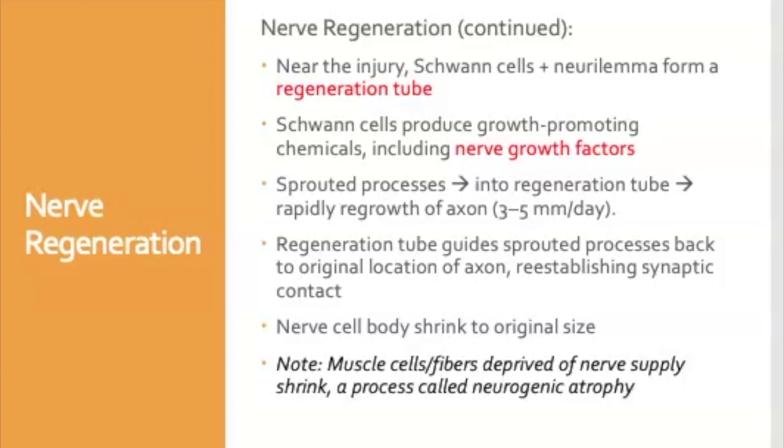Muscle tissue needs tone. It needs constant stimulation to be healthy. And what will happen if the nerve supply is disrupted like this? The muscle will start to shrink. It'll start to what we call atrophy without this normal amount of nerve stimulation, without this normal tone. This is something that happens very quickly when nerves are damaged this way. And we give it a name. We call it neurogenic atrophy.